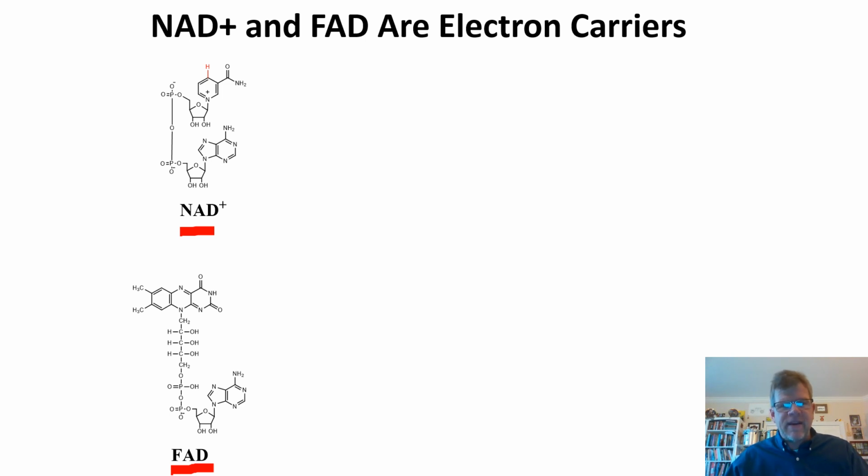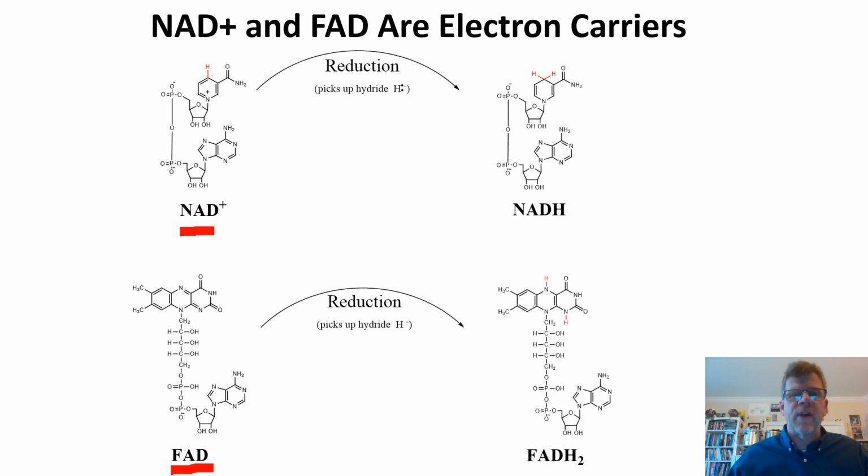When these two electron carriers, NAD and FAD, pick up a hydride ion, we essentially reduce them. They are both reduced. We saw this with NAD. It is a reduction to NADH. Remember, here our 1 CH bond on this piece goes to 2 CH bonds. We've increased the number of CH bonds, thus it must be a reduction because we picked up that hydride ion.